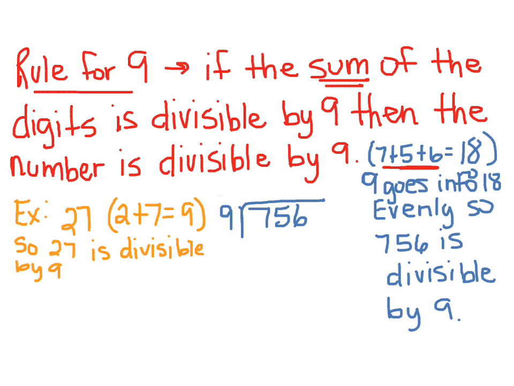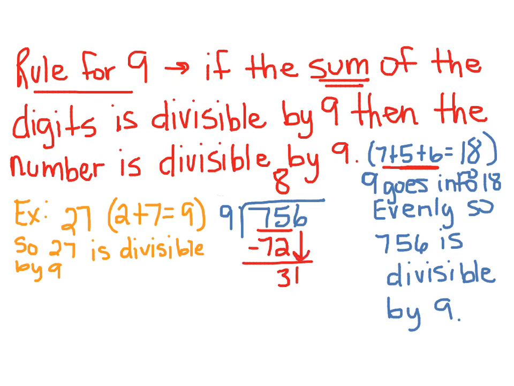756 divided by 9, 9 cannot go into 7 evenly. So we have to look, can it go into 75? So we have to say 75 divided by 9. So I know 8 goes into 75. Okay, so 8 times 9 is 72, because that's as close as I can get without going over. 5 minus 2 is 3.